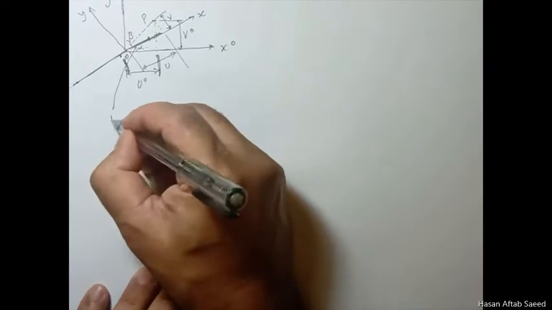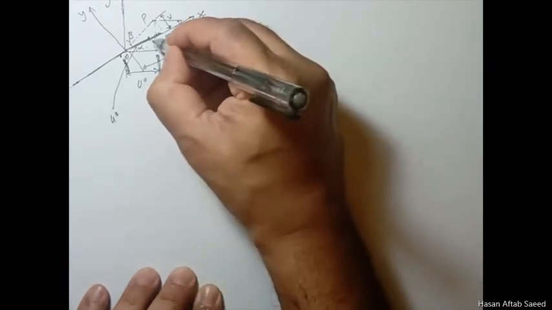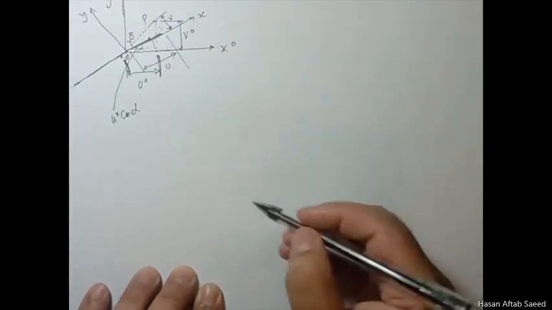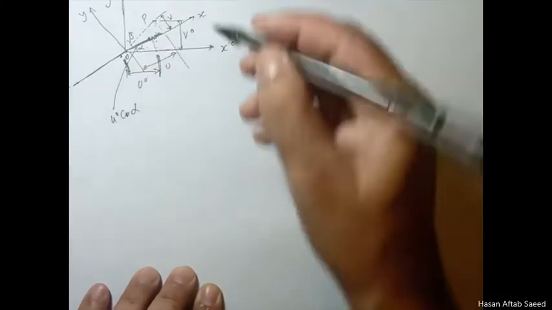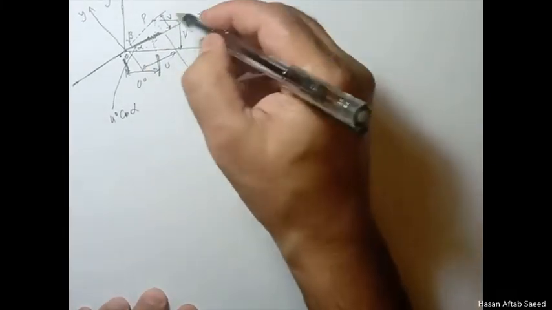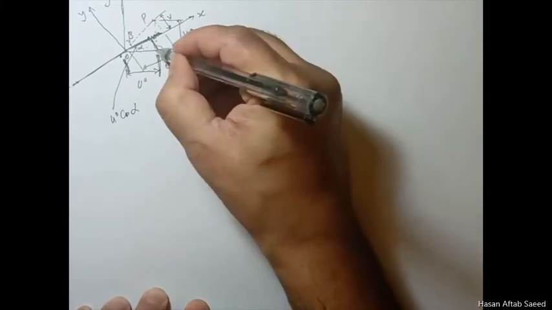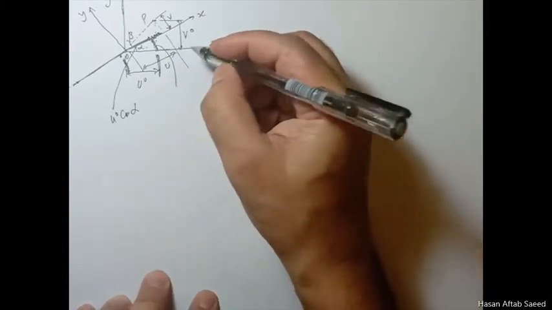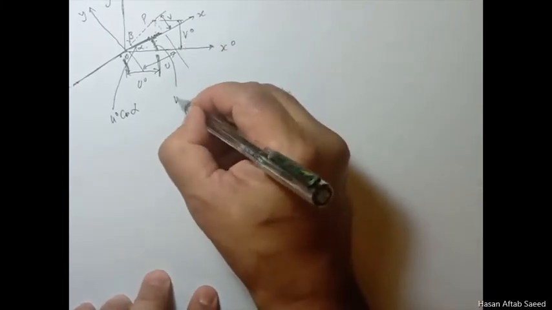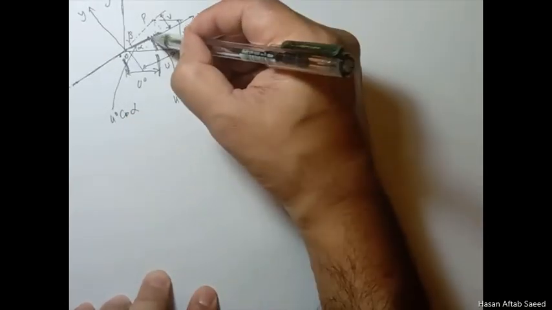This one is nothing but u naught cos alpha. Please ignore the other one. Now what about this one? Obviously this is u naught sin alpha.